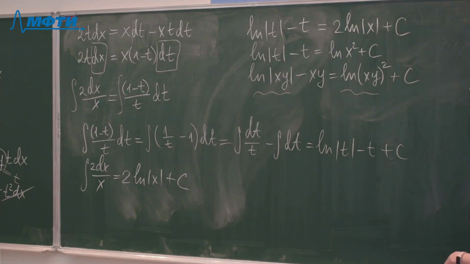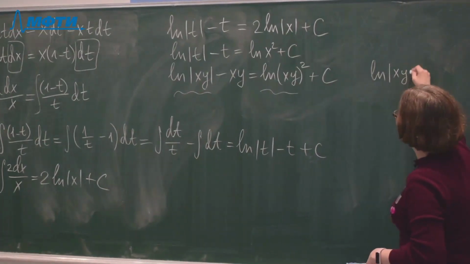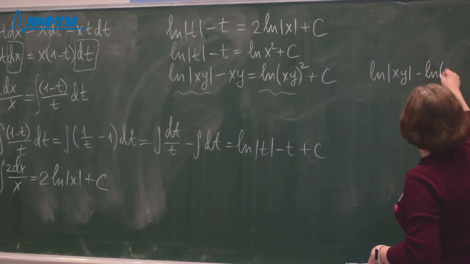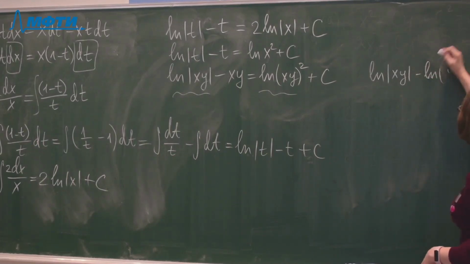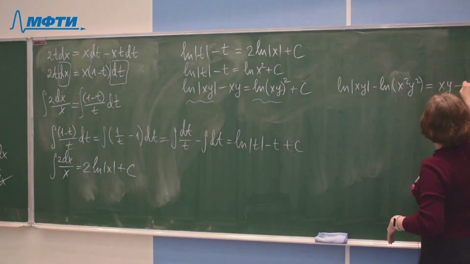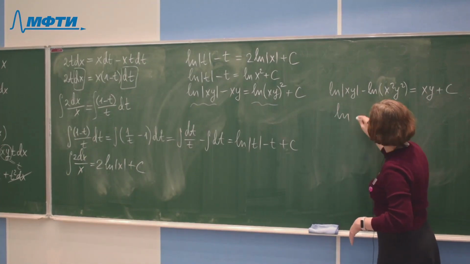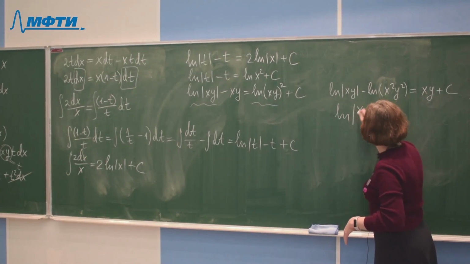We will get the following: ln xy minus ln x squared y squared equals xy plus c, and the difference of logarithms will be the logarithm of the ratio.